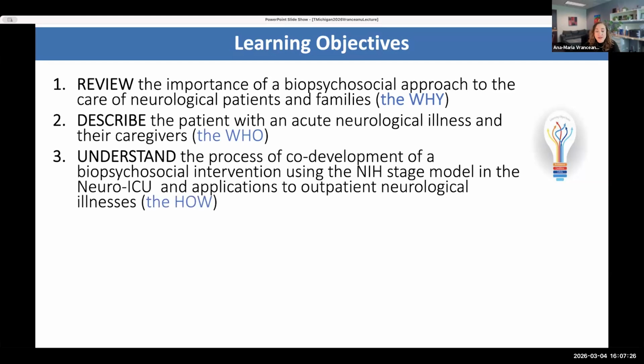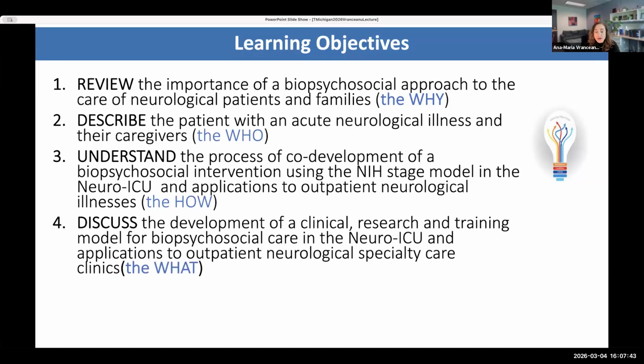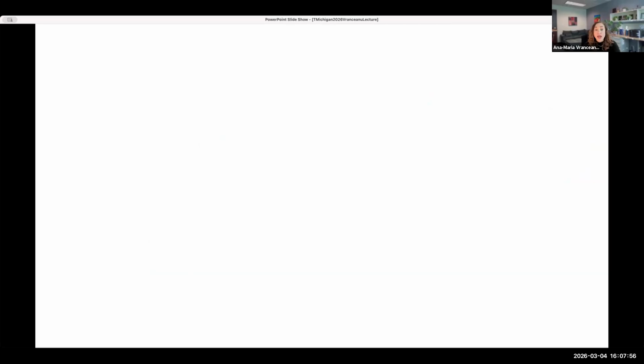We are going to understand the process of co-developing a biopsychosocial intervention using the NIH stage model in the Neuro ICU, as well as applications of this model to developing interventions for outpatient neurological illness. And we are going to discuss the development of a clinical research and training model for biopsychosocial care in the Neuro ICU and applications to outpatient neurological illnesses.